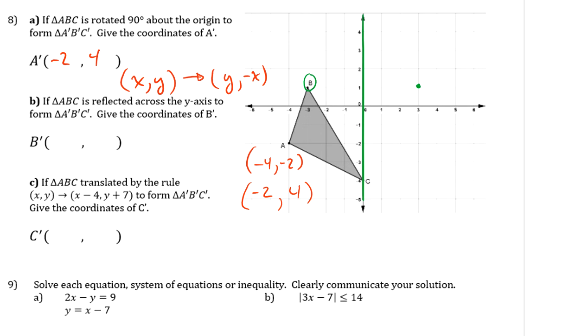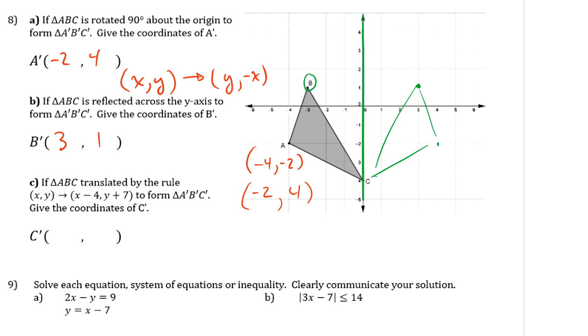I'm just reflecting this whole thing. And by the way, A would go to here. So I can see this triangle now. The important thing is where B is at. B should be at 3, 1, so x is 3 and y is 1.